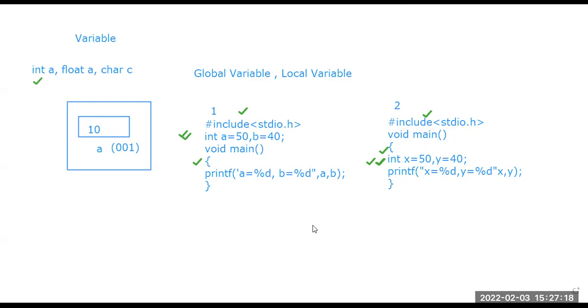Coming to the second one, where we have put the variable inside a block, inside a function, this is called a local variable. Local variables are declared inside a function, and these variables can only be accessed within that particular function.